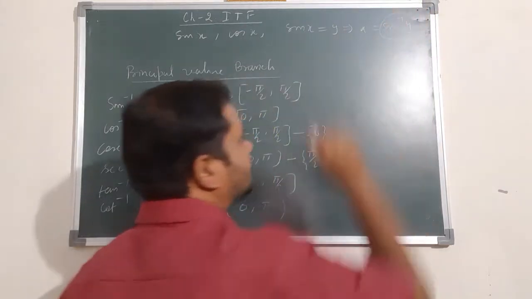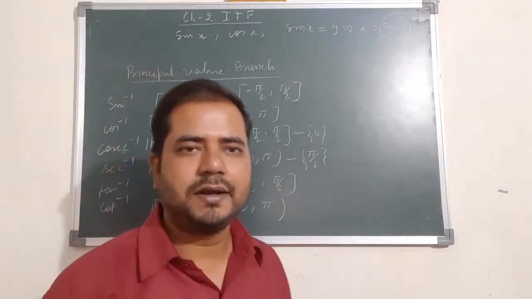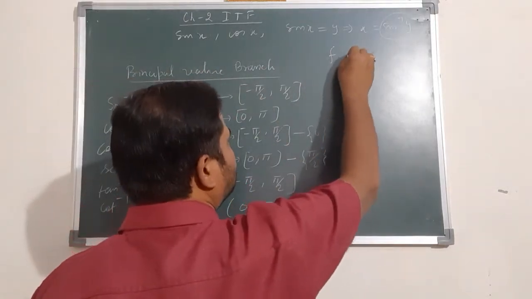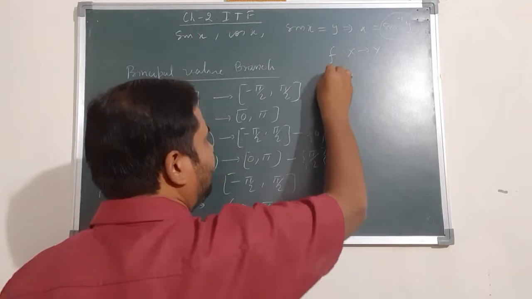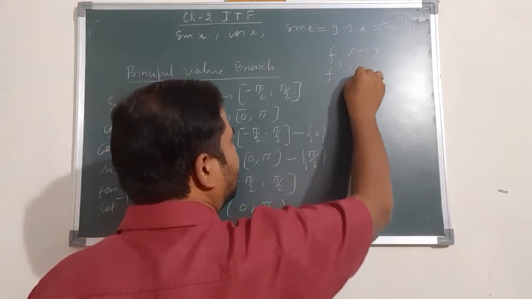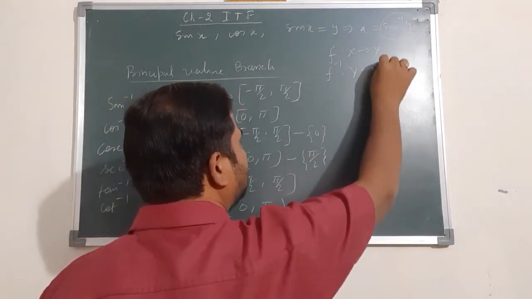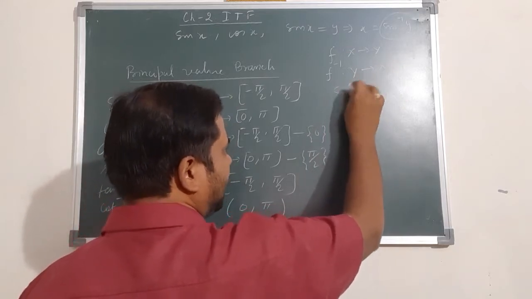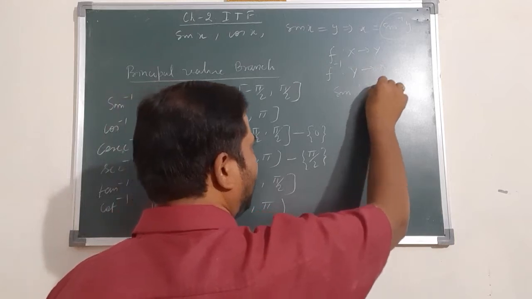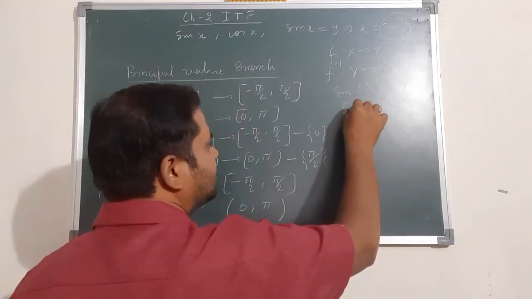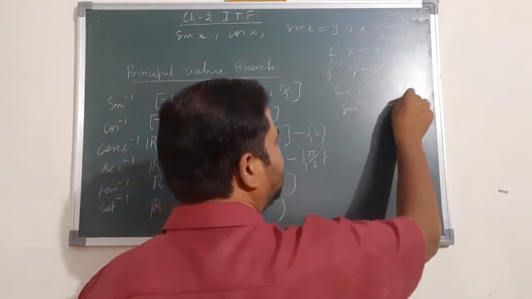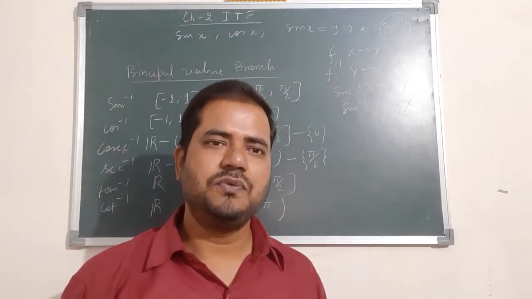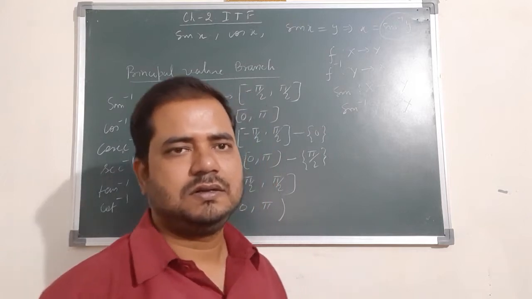So this is an inverse trigonometric function, because if f is from x to y, then f inverse is from y to x. That means if sine is the function from x to y, then sine inverse is the function from y to x. Clear? This is the inverse trigonometric function.